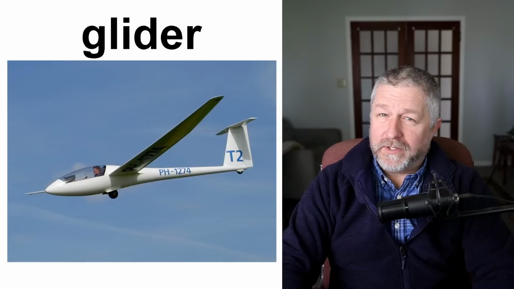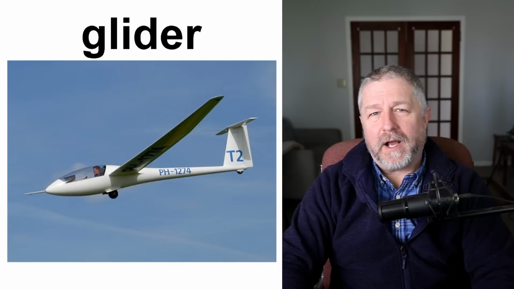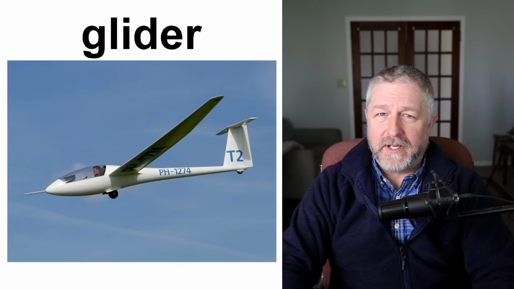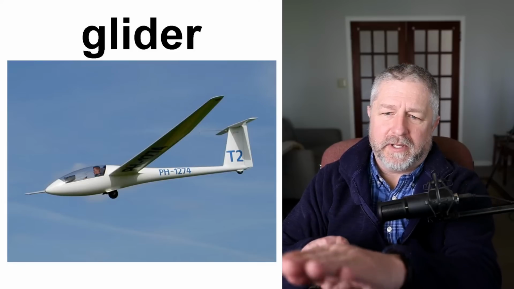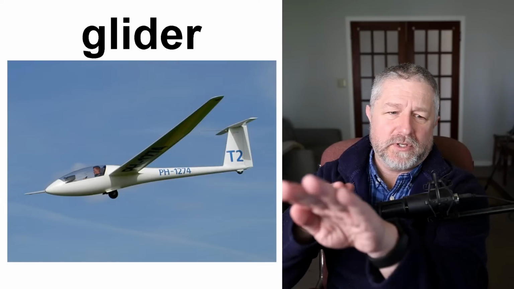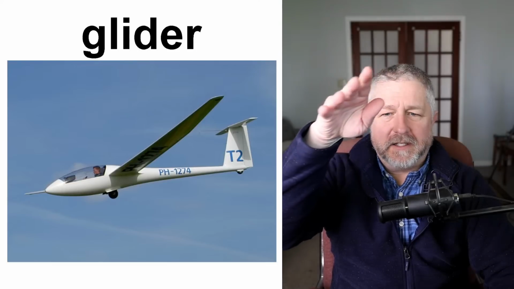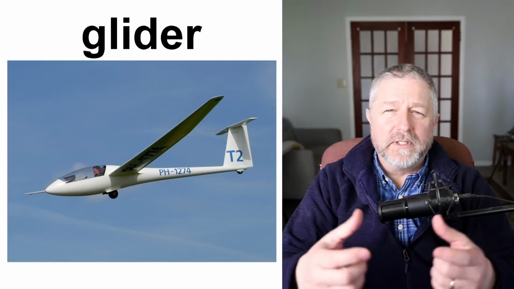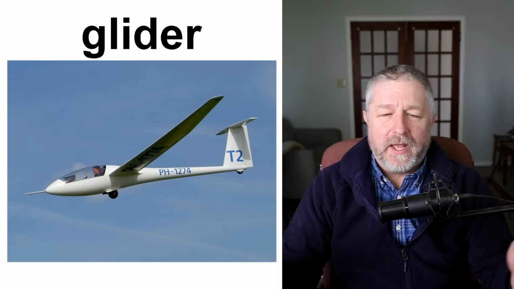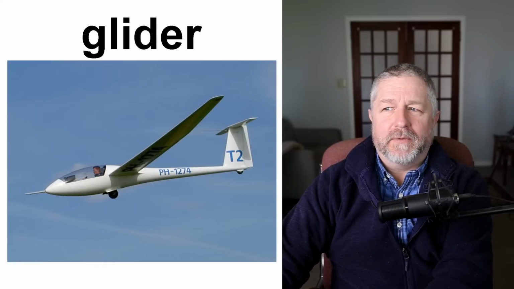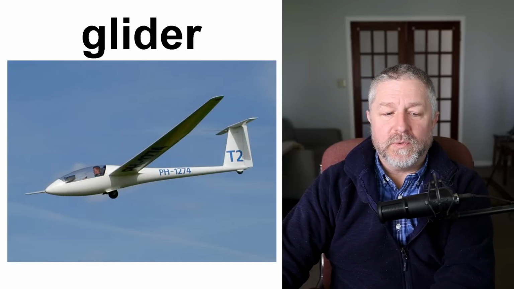You have what's called a glider. So a glider is a type of aircraft that has no engine. So it needs another airplane. It needs an airplane to tow it up to a very high height so that it can glide. So it has really big wings and no engine, and it will just slowly glide to the ground.